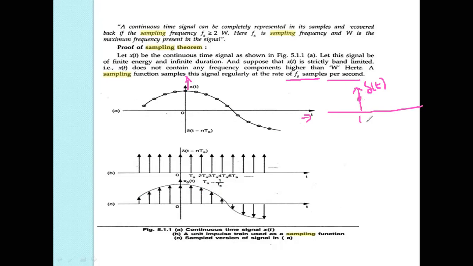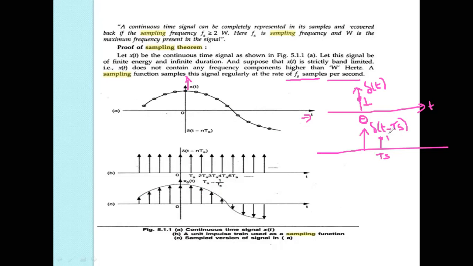At t equal to 0, the magnitude is 1. Now the second one: I am taking delta of t minus Ts, shifted towards the right by one sample.